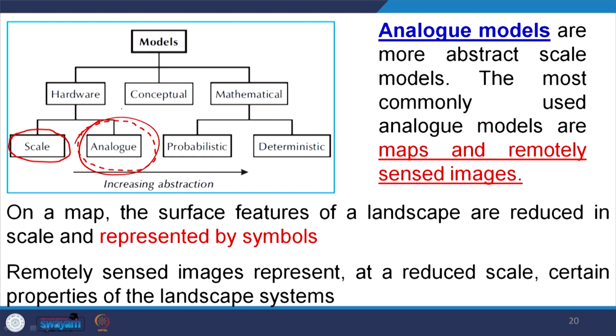Suppose a geological map or toposheet of any area, this is a static model. Static model means, for example, we are using a toposheet mapped in 1965. So, whatever information was available in 1965 is embedded in that map.